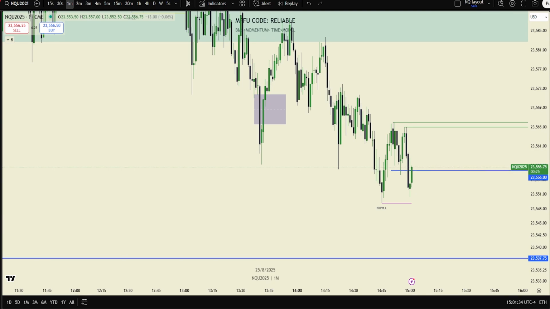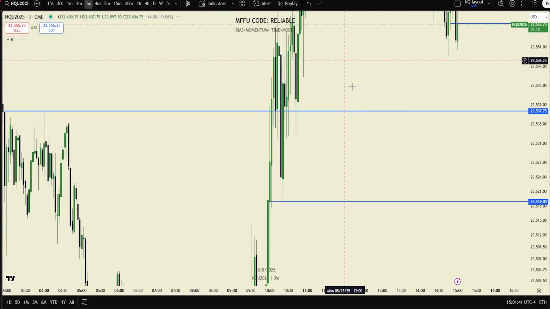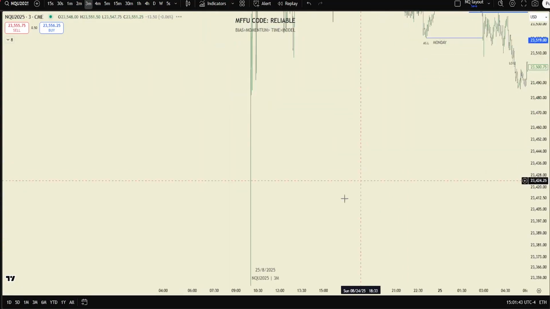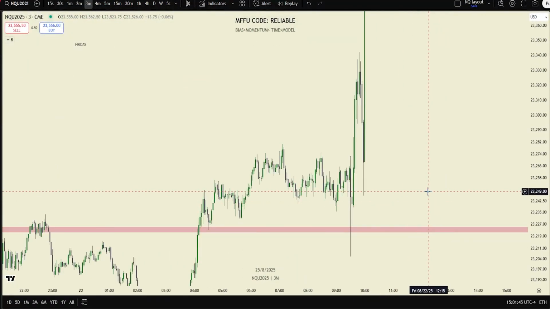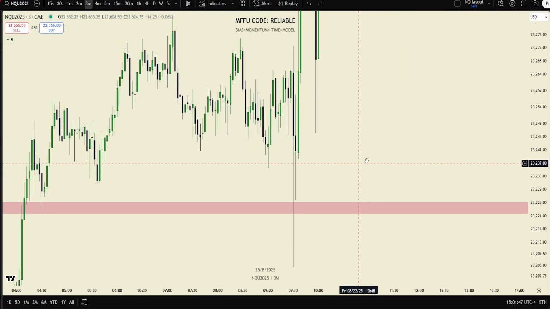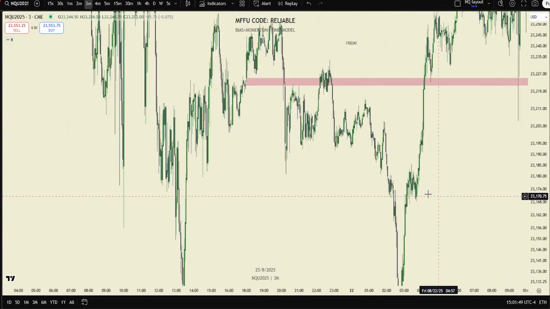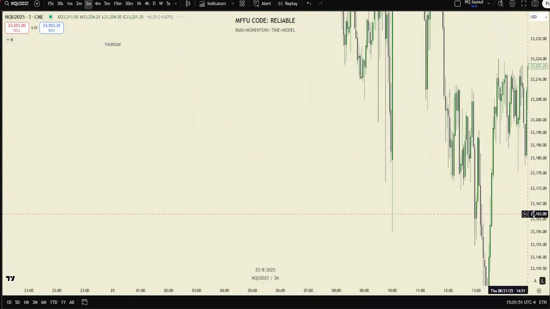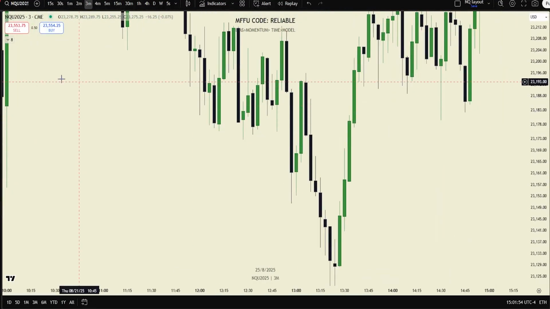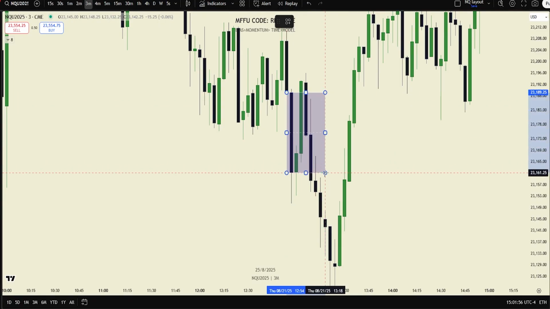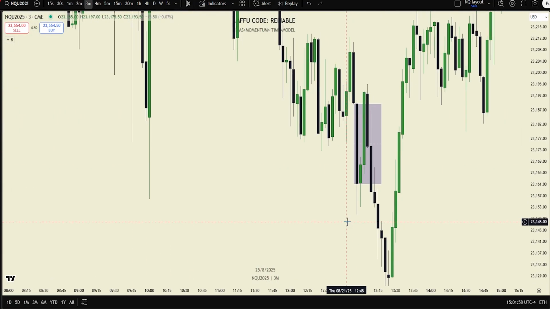I don't agree with his definition of a CISD, so I guess that's another place that we differ. He was saying it's the first candle after a liquidity sweep, and by that definition, the 3 minute would have had a CISD, which it just didn't. He's saying that after a liquidity sweep, when we close above this candle, that's our CISD, and that's just not true.